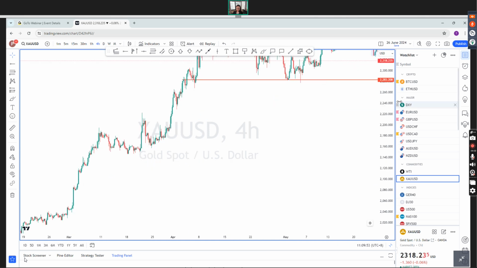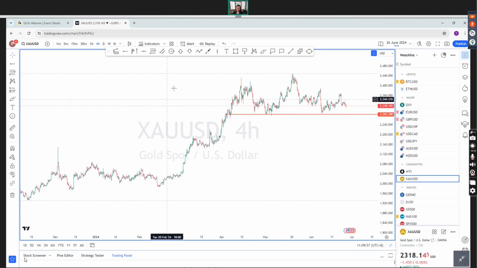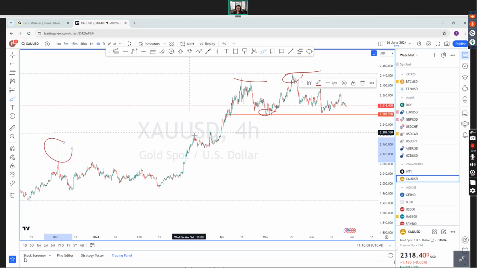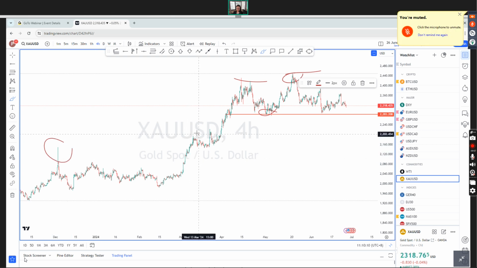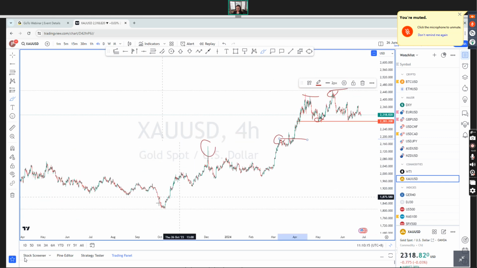you cannot identify every move. You want to zoom like that, based on smaller moves like this. This could be your resistance level or swing high. This could be your swing high as well. This could be your swing low. This is your swing high here, this is also your swing high here as well, and this is your swing low as well.